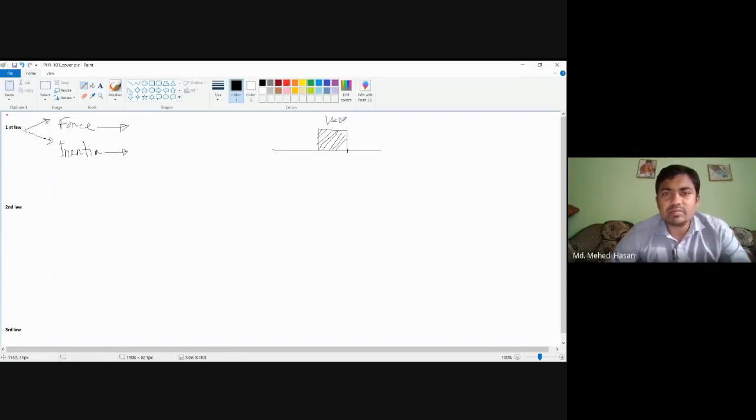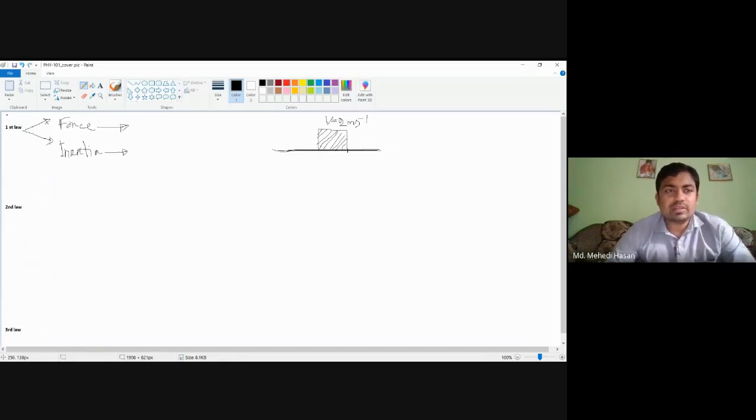But if the object is moving with velocity v equal to 2 meters per second on a frictionless surface, and no external force is applied, then the motion will remain the same. That means the velocity will remain 2 meters per second. Okay, so this is the main explanation of the first law.